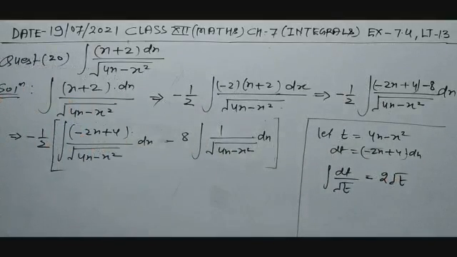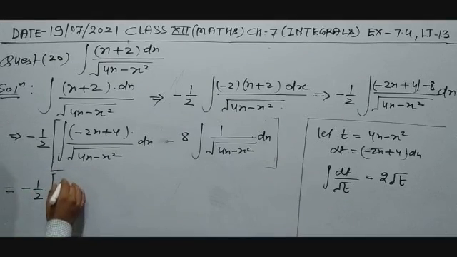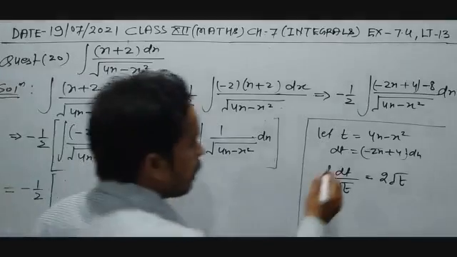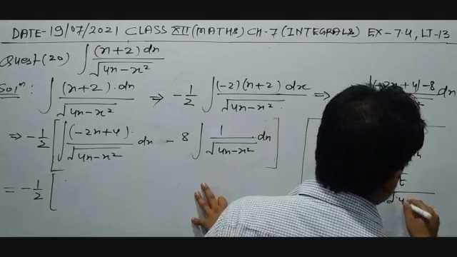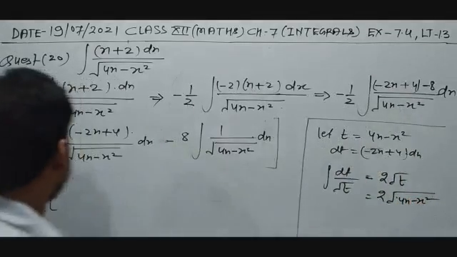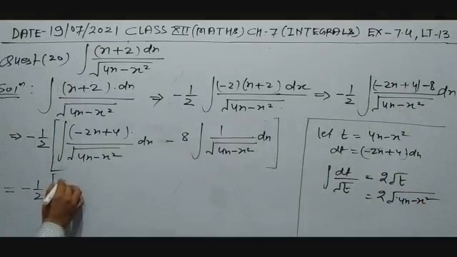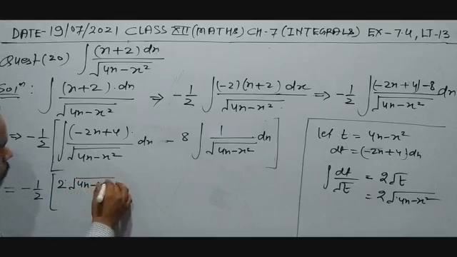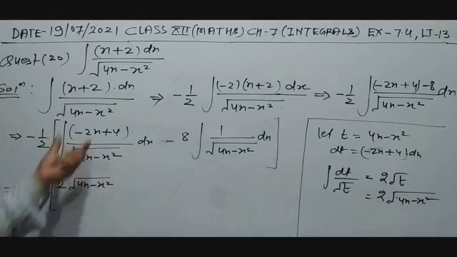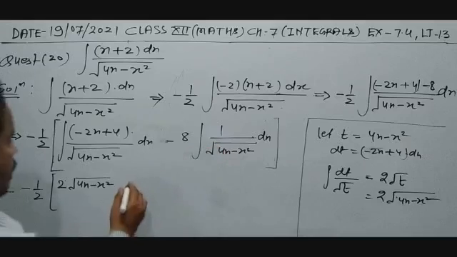So its result will be 2 times root t. Now its result will be minus 1 by 2 times 2 root of t, with t put here, so root over 4x minus x square. When you multiply, this will be its integration. In rough work I have solved it.